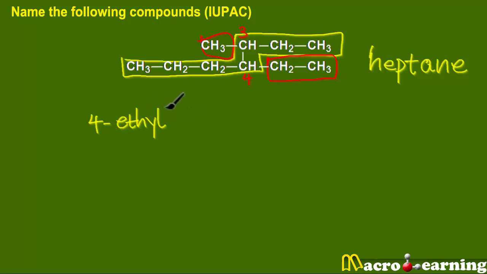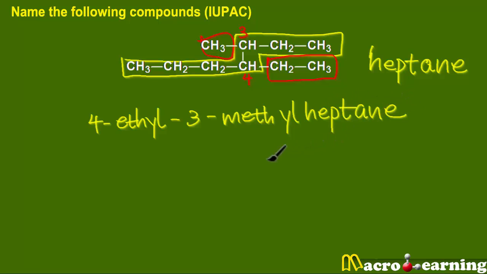Ethyl has higher priority alphabetically, so we put it first. 4-ethyl, 3-methyl heptane. That's it. So again, the numbering is not determined by the alphabetical order. Only the order in which these two appear before heptane has to do with the alphabetical order. Okay, very nice. The next one.